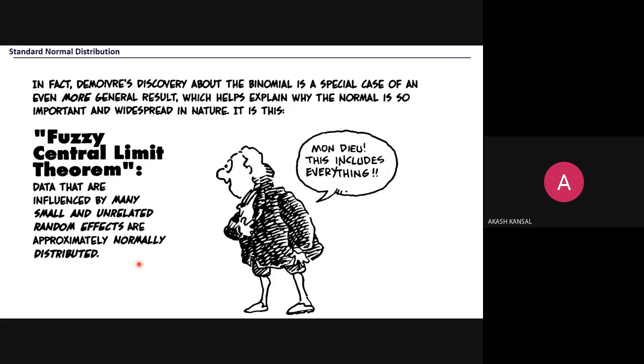So when we are flipping a coin, the data that we get is influenced by many small and unrelated random effects, so it is going to be approximately normally distributed. That is the conclusion this team came to.